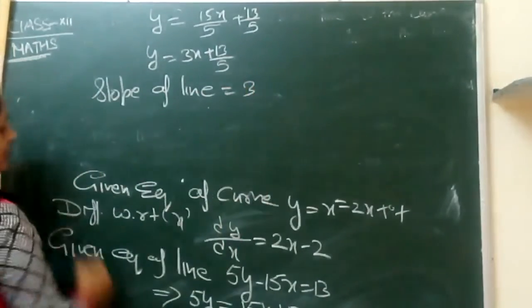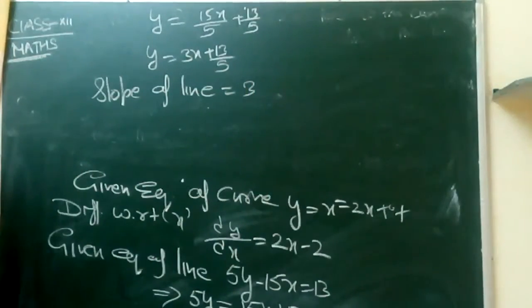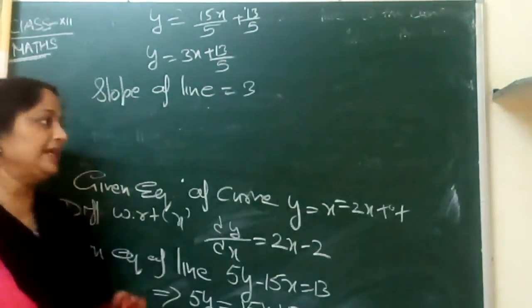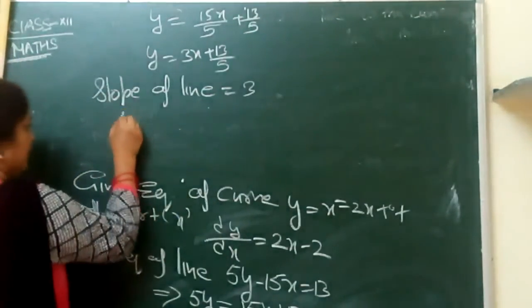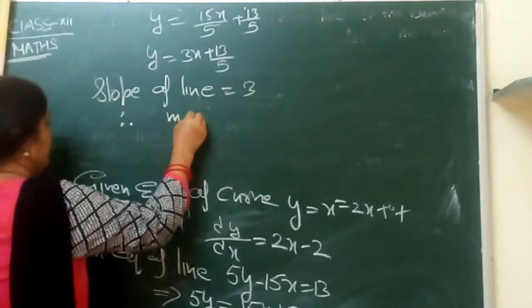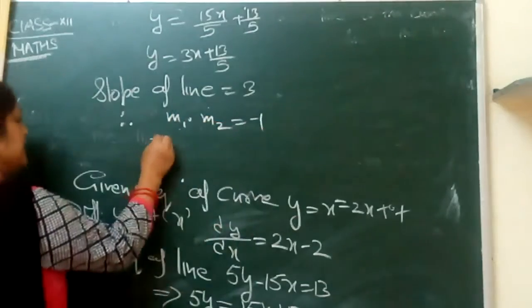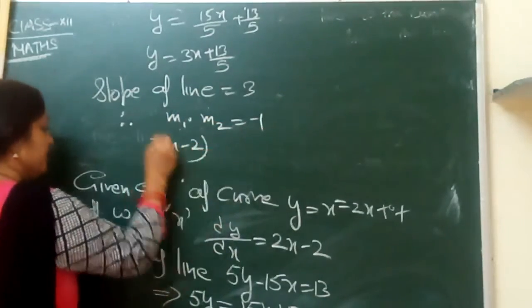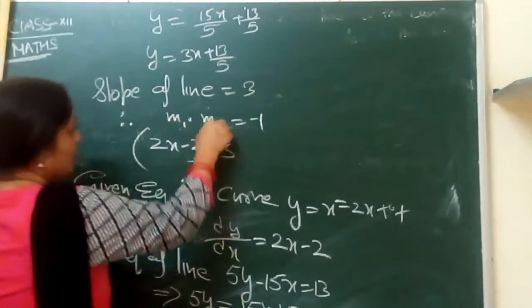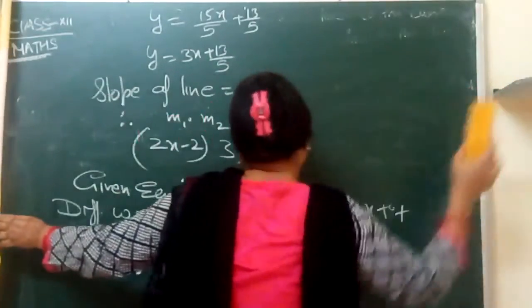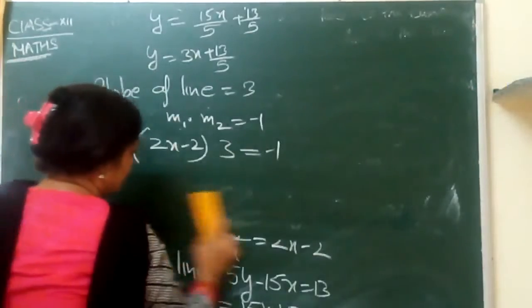Now when the tangent is perpendicular to the line, it means m1 into m2 equals -1. So what is m1? The first slope is 2x - 2, into m2, that is 3, equals -1. From here we can find the value of x.